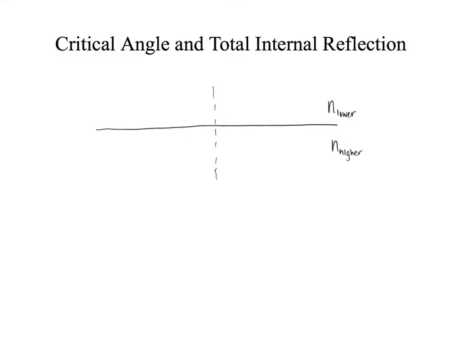If you remember, according to Snell's Law, if a light beam is traveling in an area of higher index of refraction, when it passes into an area of lower index of refraction, it will bend away from the normal, so that this angle, the angle of refraction, is bigger than the angle of incidence, which is shown right here.